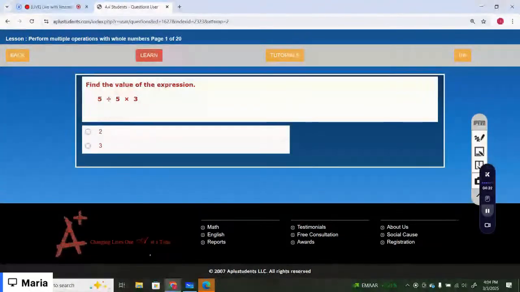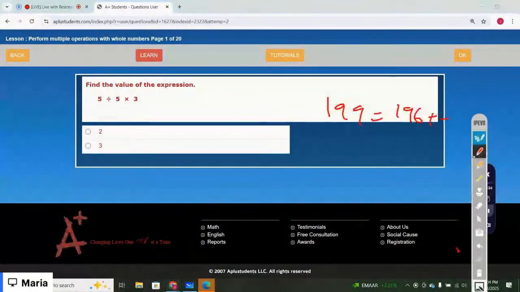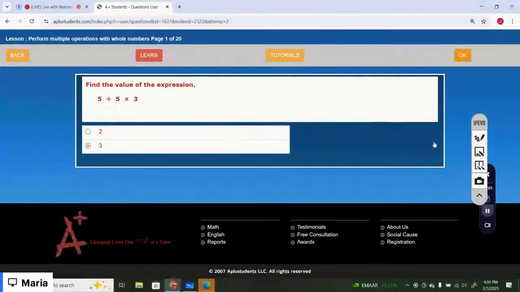You have to go from left to right, so you have to divide first, right? 5 divided by 5 is 1. Then you have to do 1 times 3. One times 3 is 3. So the correct option is option number 2, that is 3.